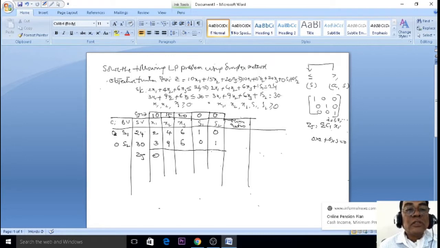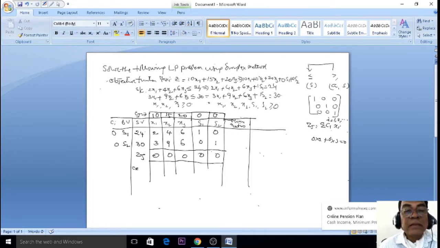Next, 0 into 4 plus 0 into 9, 0. Again 0 into 6 plus 0 into 6, 0. Next, 0 into 1 plus 0 into 0, so that is equal to 0, 0. Once the Zj value is over, please draw the horizontal line.